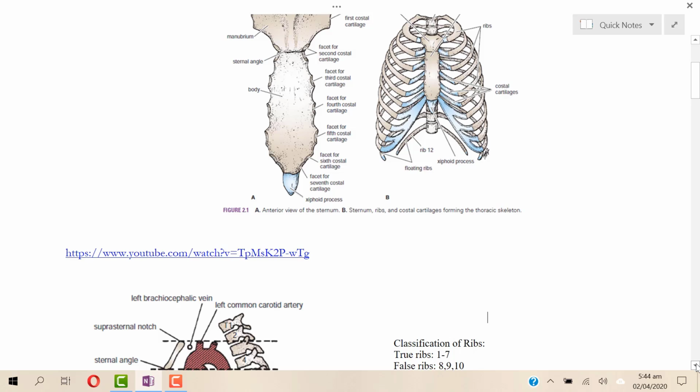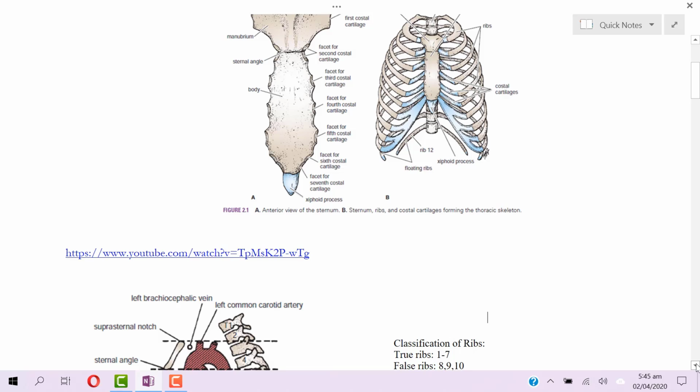Number one is the sternoclavicular joint, which is of saddle synovial type. Number two is manubriosternal, which is secondary cartilaginous. Number three is chondrosternal: the first chondrosternal is primary cartilaginous, and the second to seventh chondrosternal are synovial joints. The last one is the xiphisternal joint, which is a primary cartilaginous joint.